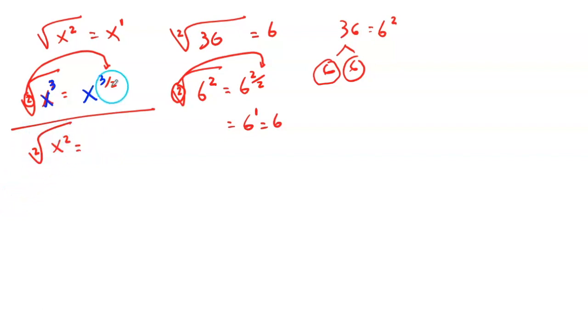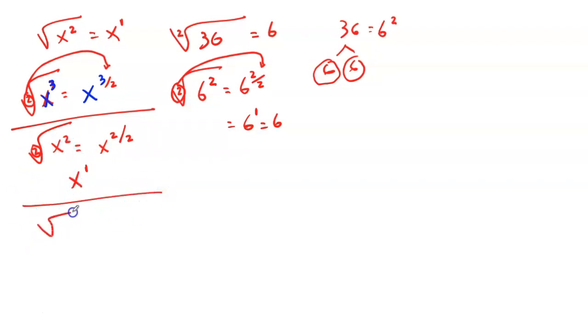If I rewrite this as a rational exponent, I'm going to have x squared, and my index will divide the exponent. 2 divided by 2 is 1. When I divide my exponent by my index, whatever answer I get is going to be on the outside of the radical.